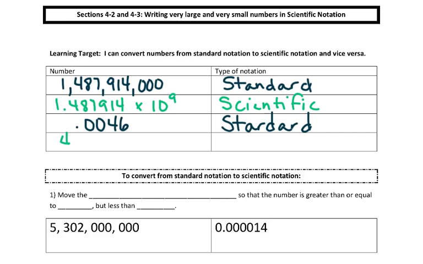So that would be 4.6 times 10 to the negative third. So if we look at the rules, the first number is between 1 and 10. We are multiplying by a power of 10, and the exponent is an integer. So this is in scientific notation.